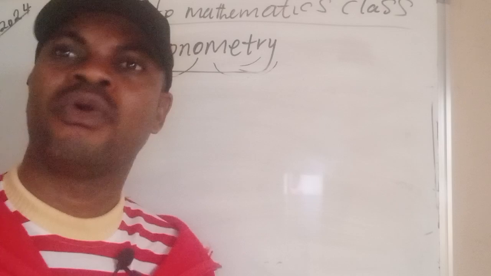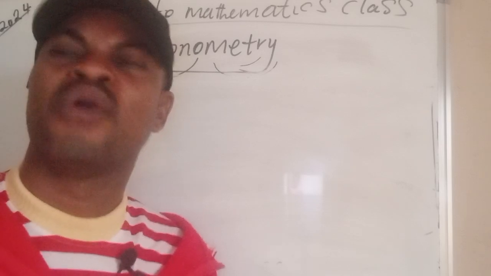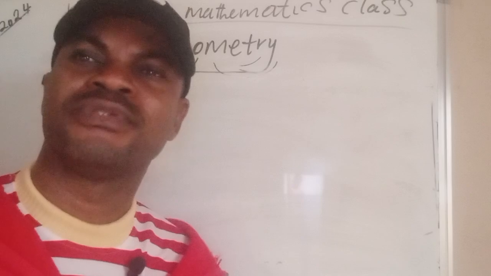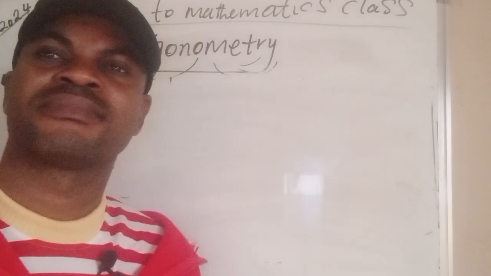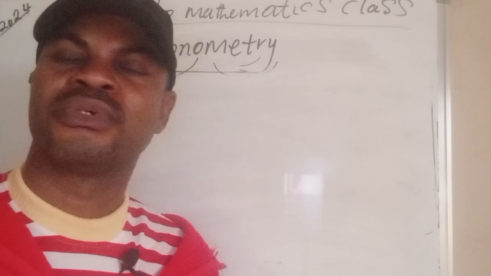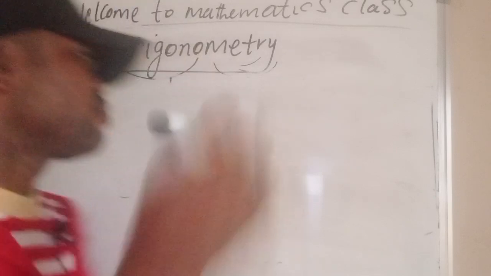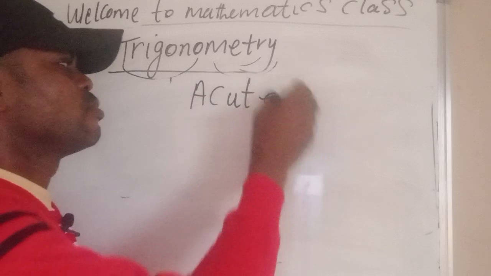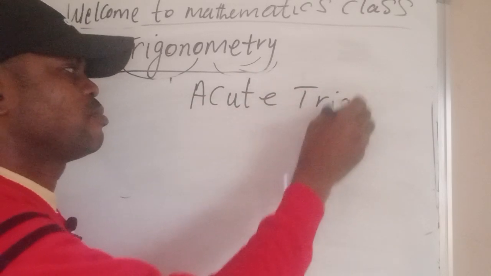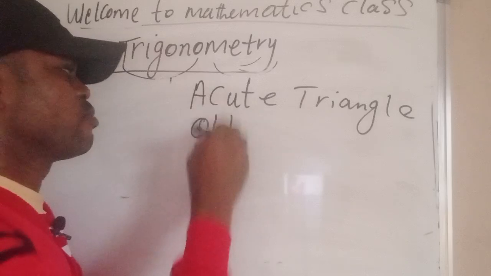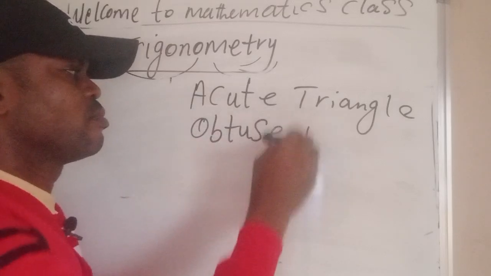Then when the angle is greater than 90 but less than 180, then it is called the obtuse triangle. So that will take us to how do we resolve acute triangle and obtuse triangle.